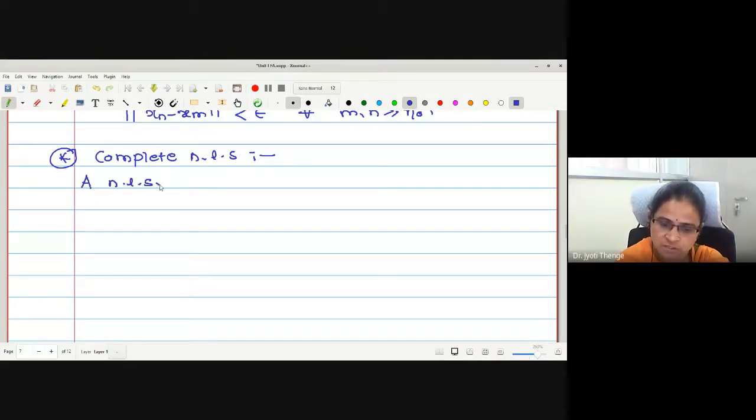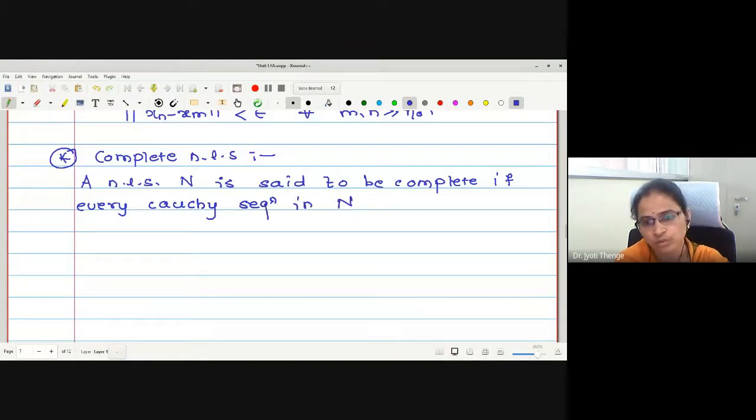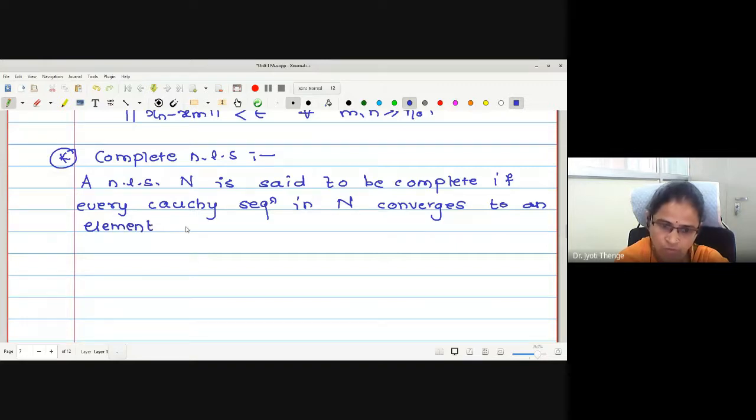A normed linear space N is said to be complete if every Cauchy sequence in N converges to an element of N. That is, if norm of x_n minus x_m converges to 0 as m, n tends to infinity.